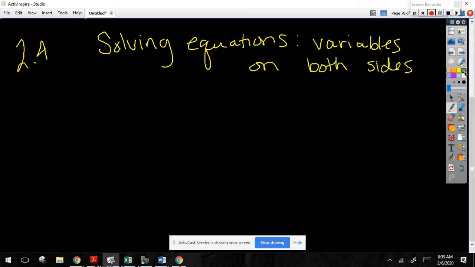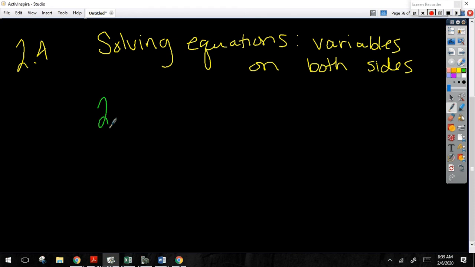But what happens if they're on both sides? You've got to get the variable on one side. You're exactly right. So maybe I have something like 2 plus 5k is 3k minus 6. So what in the world am I going to do to get k by itself? Subtract 5k.